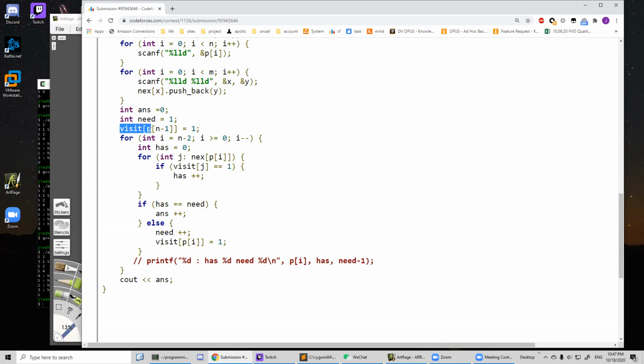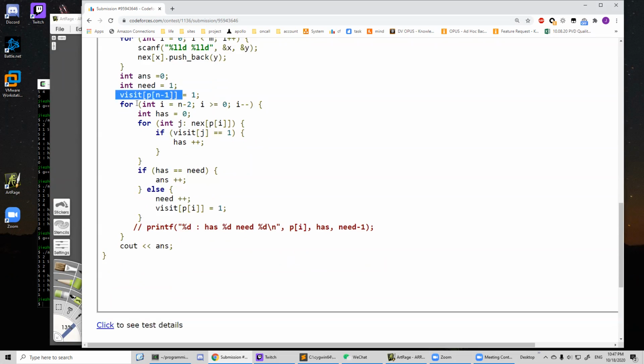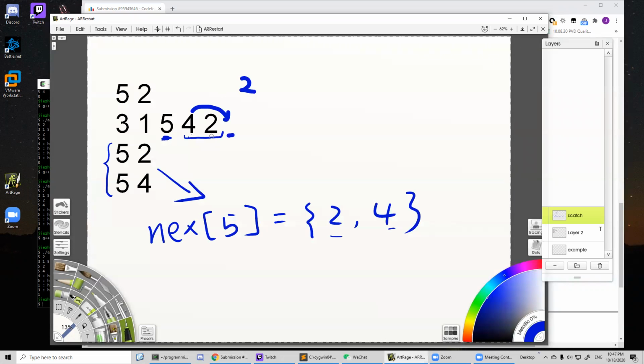And visit, this is the initial visit, right? We set the last digit to 1 so that we can know that in order for 4 to reach the end position, we need to at least have 1 pair that ended with 2, right?